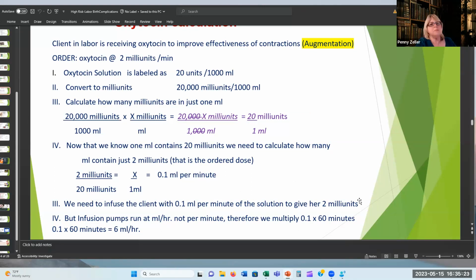So I just recommend always converting to milliunits as your first step, and then determine how much of the oxytocin is found in 1 mL.